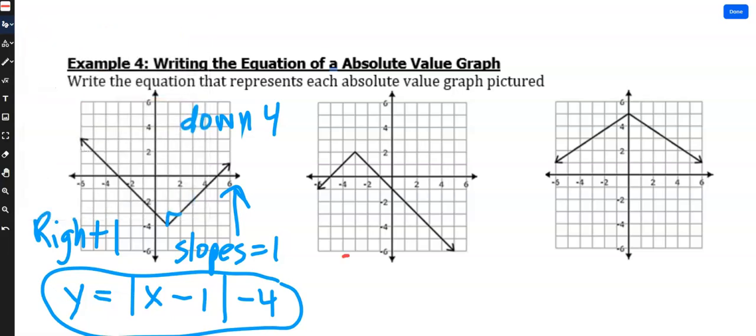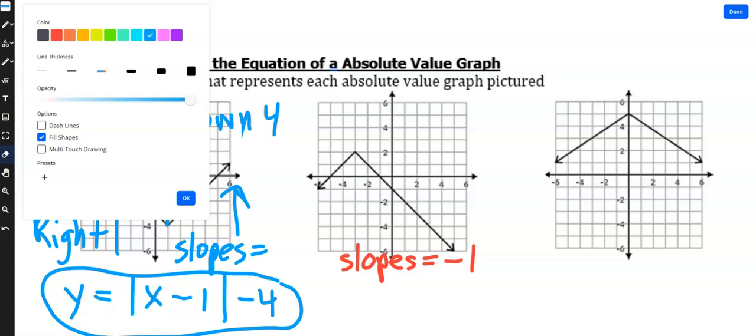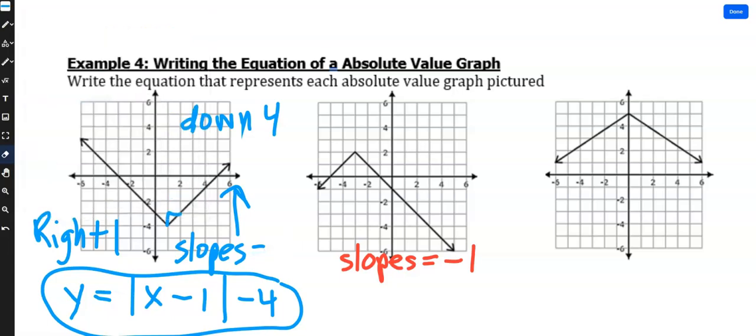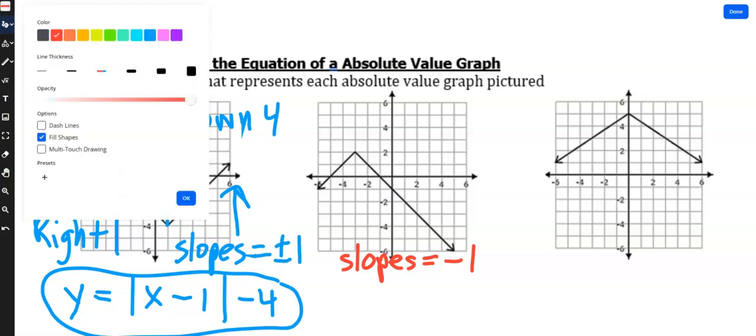This one slopes, it's going down. You know what, I should back up. Truthfully, the slopes are plus and minus 1. So if I'm being completely honest, I should have said plus and minus 1. And so when I get over here, guess what?